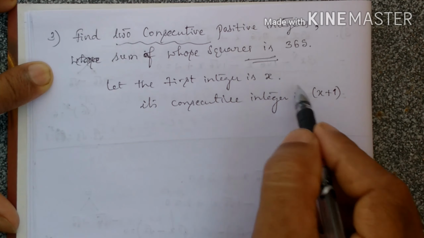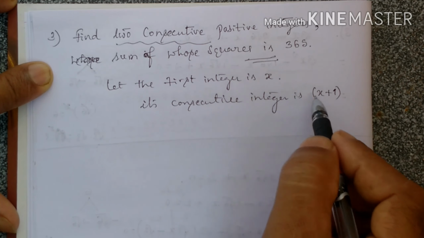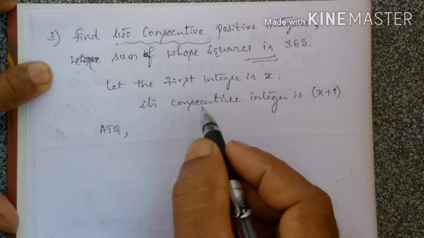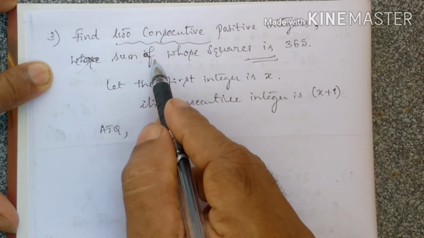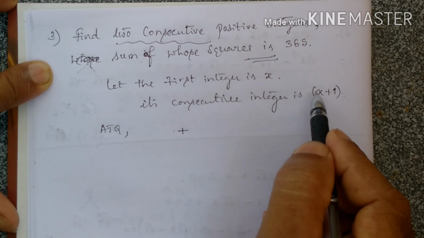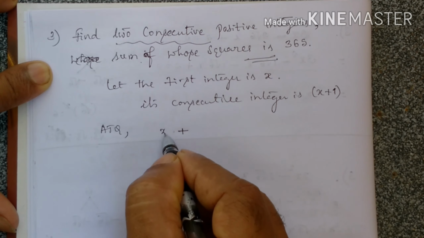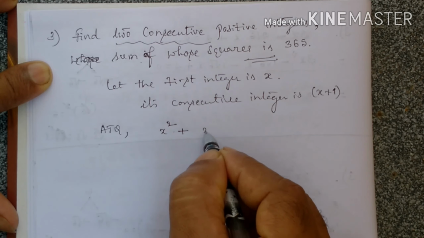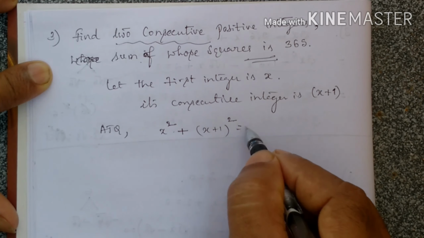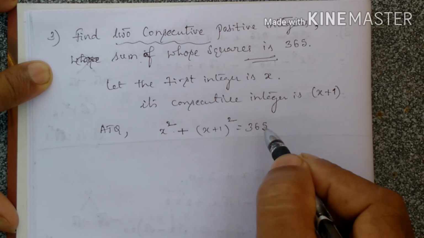So these two are the required consecutive integers. So according to the question, the sum of whose squares means the sum of the squares of these two numbers: x square and x plus 1 whole square, that is equal to 365.